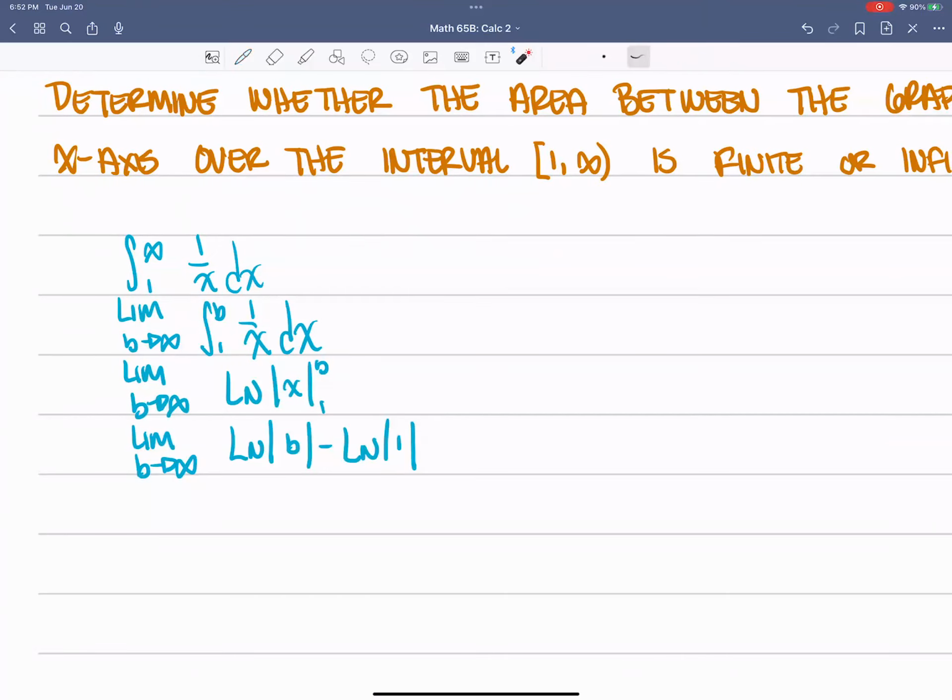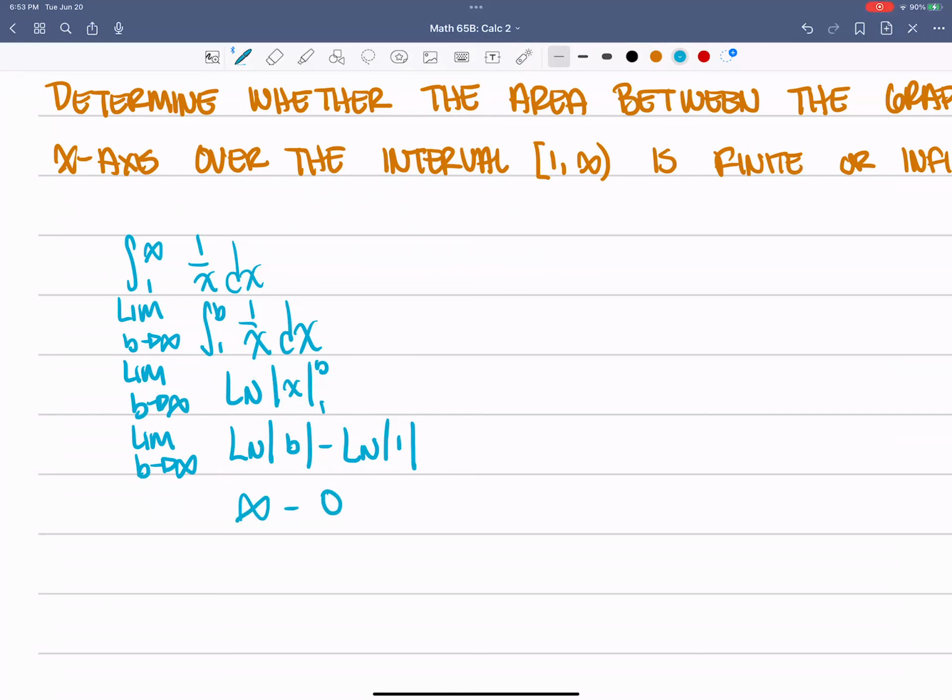So this part here goes to 0, and this part here goes to infinity, because as numbers get bigger and bigger inside of this natural log, the output ends up getting bigger and bigger.